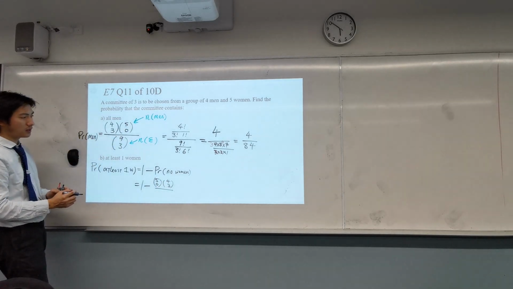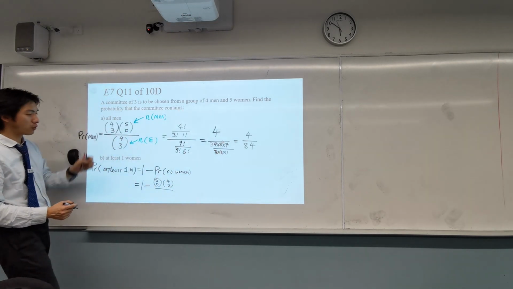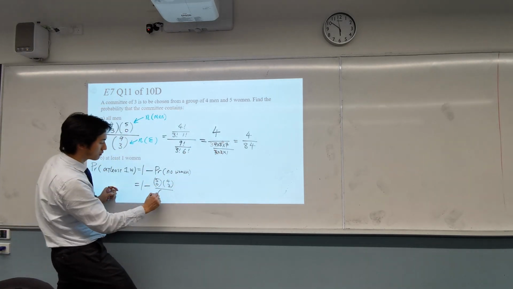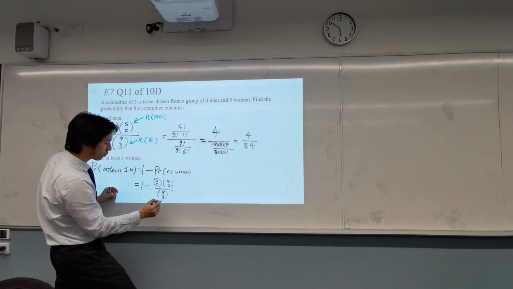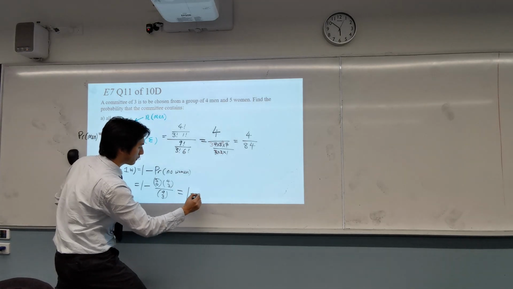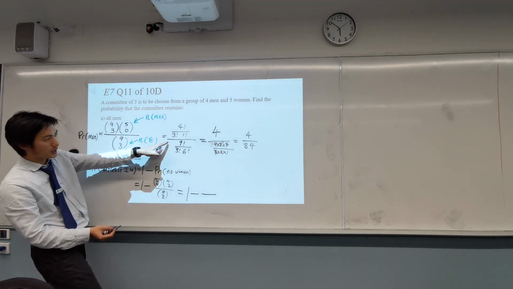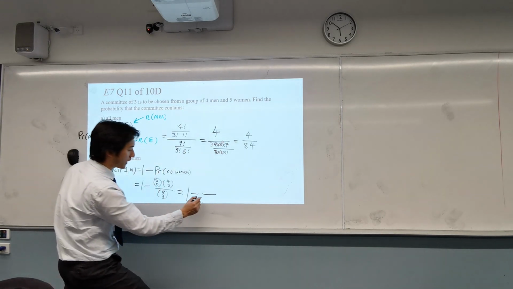And the total number is from the 9 people, we choose any 3. Now we've worked it out already from a previous question. So let's sub in the values we know. 9 choose 3, we did that before in this example, and the answer was 84.